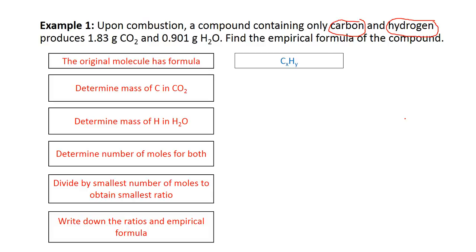The next step is to determine the mass of carbon. Now, where do you get the mass of carbon? To find the mass of carbon, you need to look at this. Carbon dioxide is the compound that contains the element carbon here. Now, what you want to do is to isolate carbon from carbon dioxide.